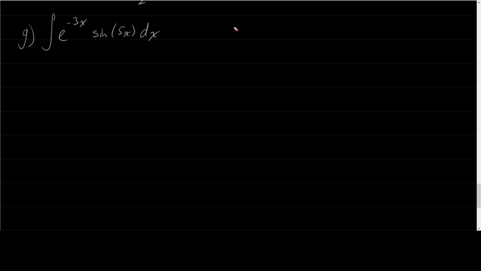So in here, I'm going to say, well, u is going to be the trig stuff. So sine of 5x. Well, no, not dx, just sine of 5x. And dv is the rest of it. So e to the negative 3x dx.